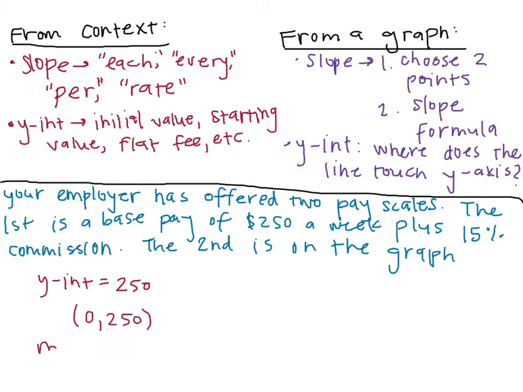My slope is how much that's changing by, which it tells me here that I go up 15%. 15% needs to be written as a decimal or a fraction. So I'm going to convert that to 0.15.